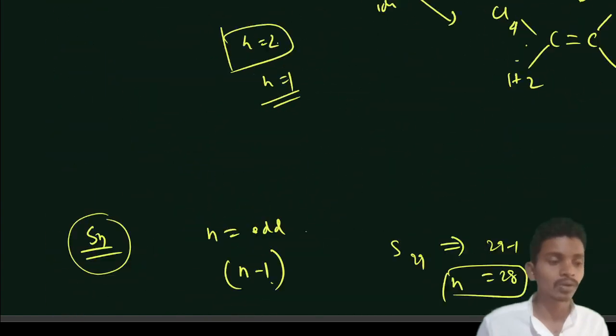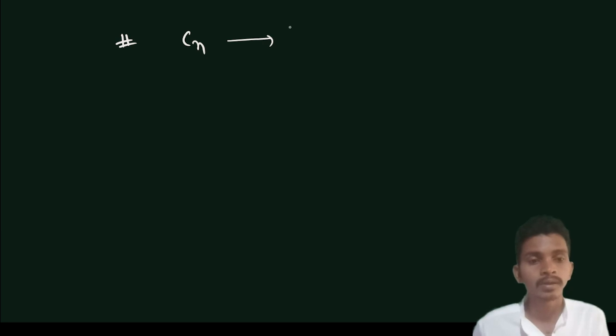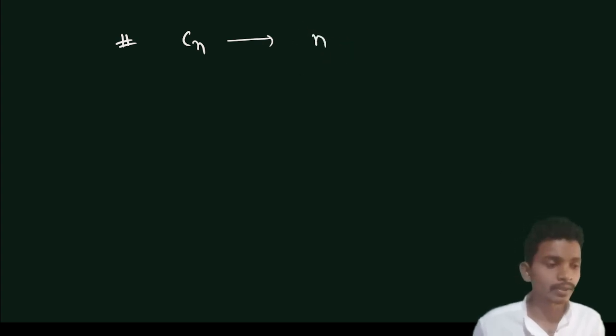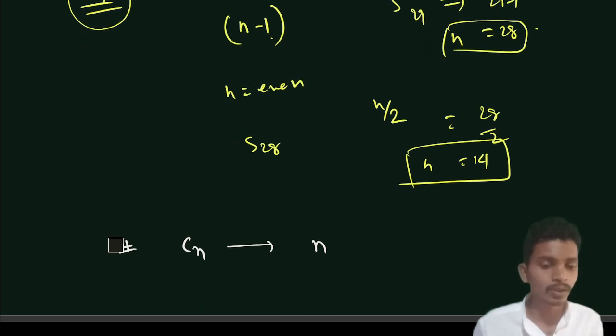So if we look at all these things, we have to note that whenever a Cn axis is there, the number of operations needed is n.